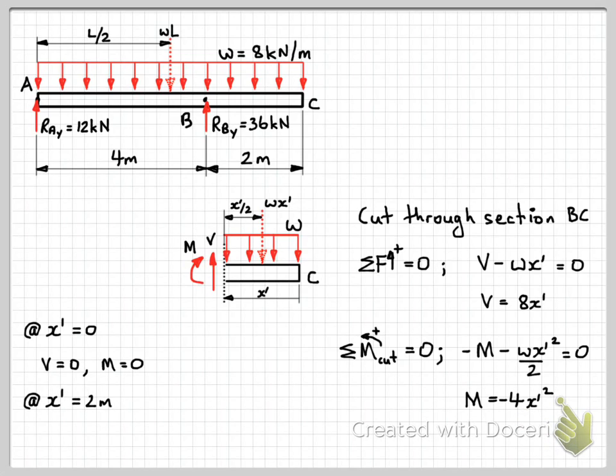And then for x dash equals 2 meters, substitute that in, and we'll get V equals 16 kilonewtons, and substituting into the moment equation, we'll get moment equals 16 kilonewton meters also. So 4 times x squared, so 2 squared is 4, 4 times 4 is 16.